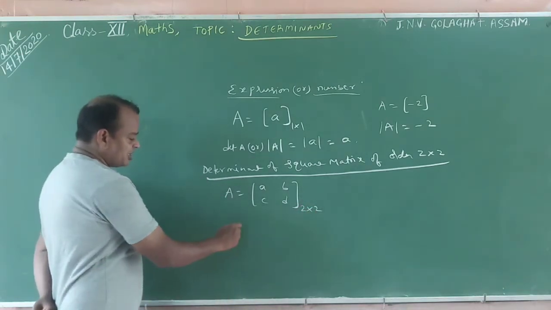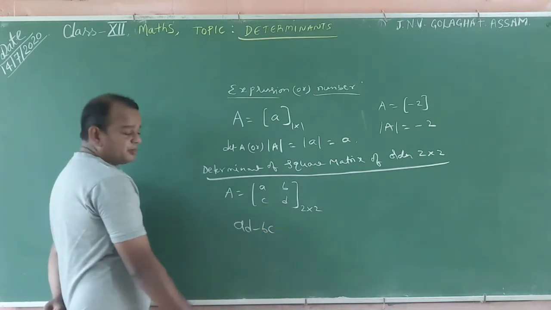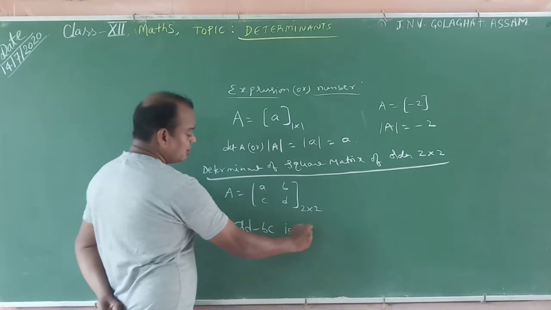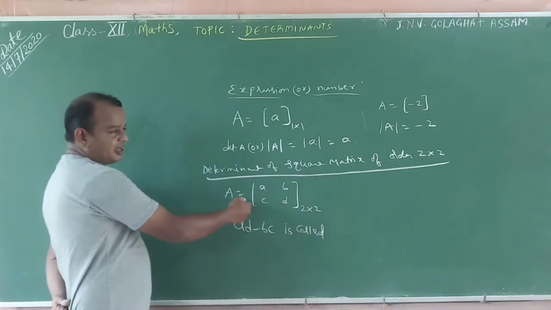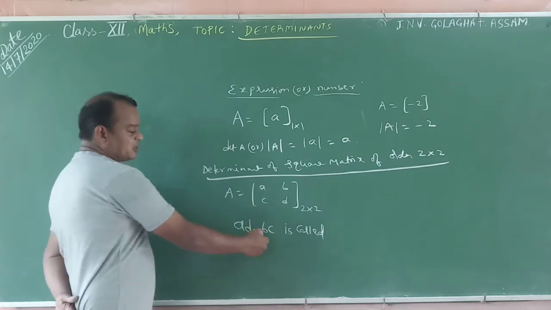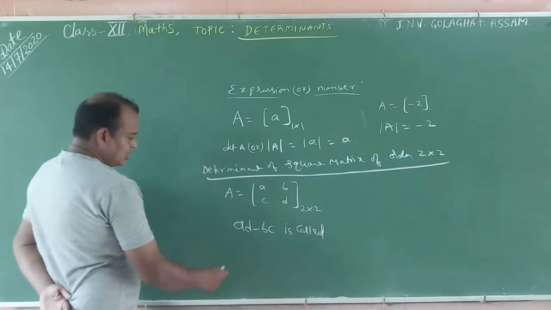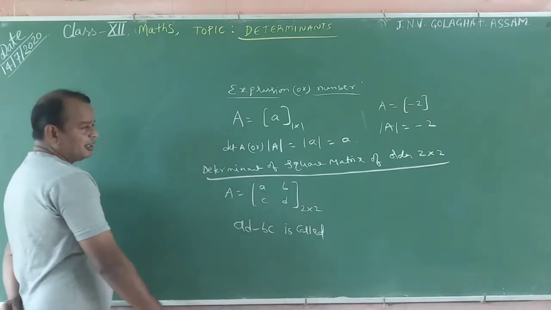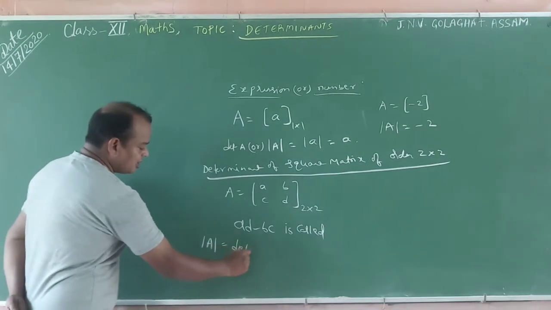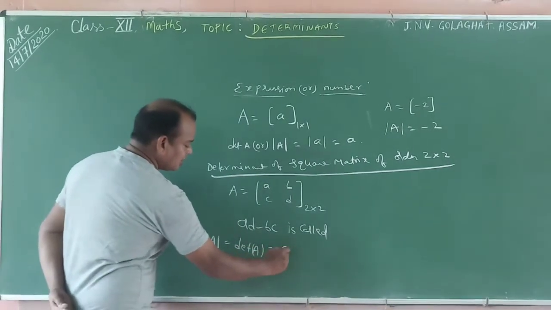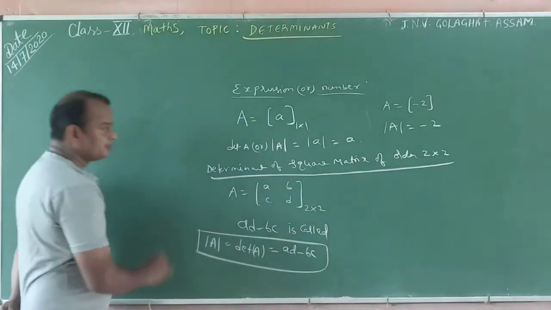Then the expression ad minus bc is called the determinant of the matrix A, and it is denoted by det A or vertical bars of A. So det A is equal to ad minus bc. This is the determinant of the matrix.